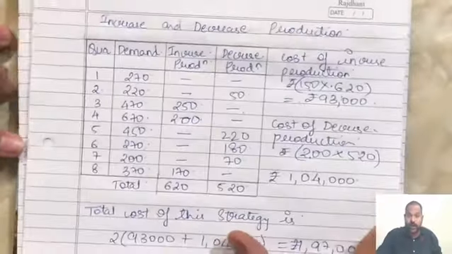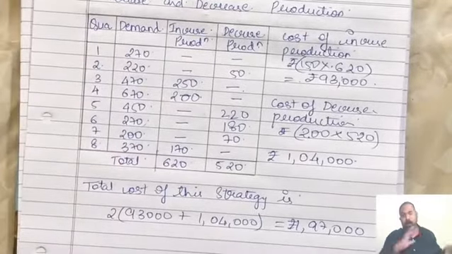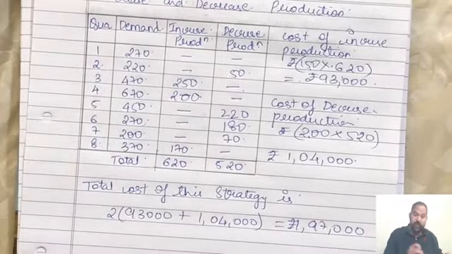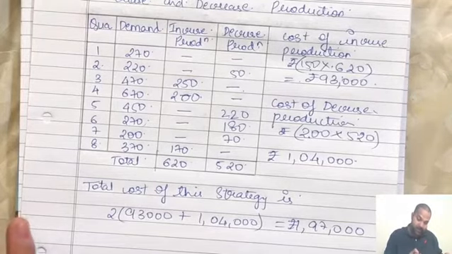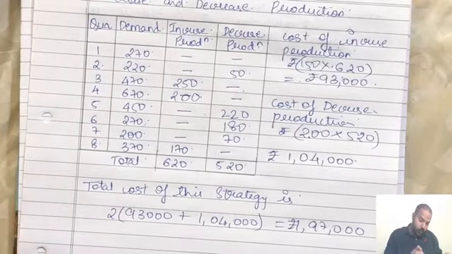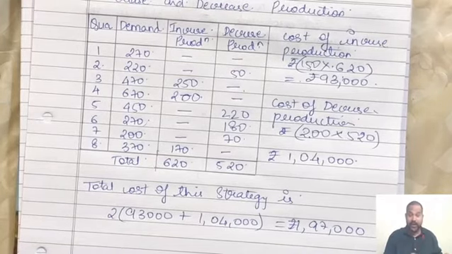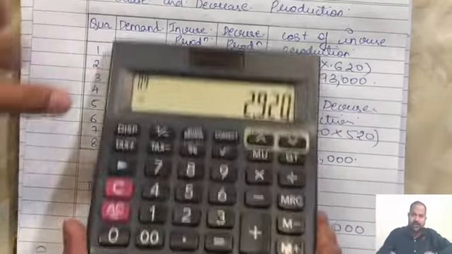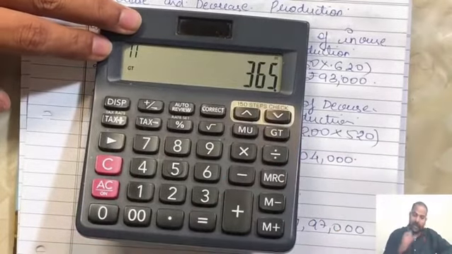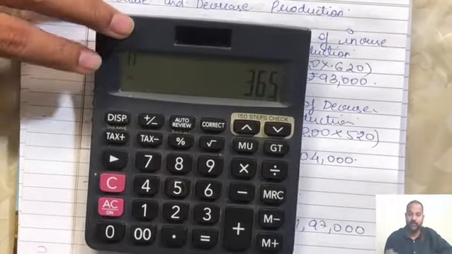Take a total of your demand in the 8 quarters: 270 plus 220 plus 470 plus 670 plus 450 plus 270 plus 200 plus 370. The total is 2920. This 2920 is for 8 periods. So divide that by 8 and the answer is 365.